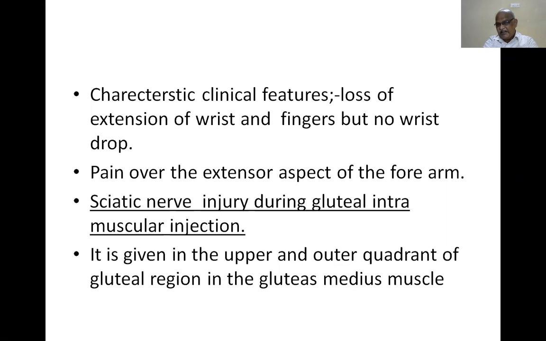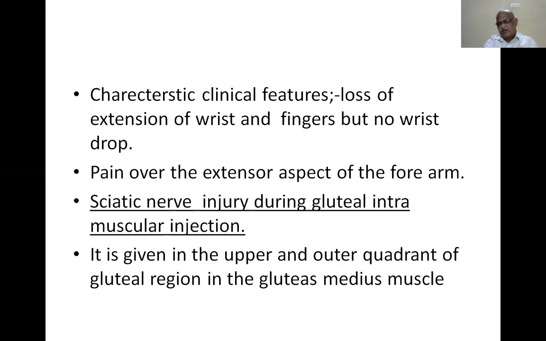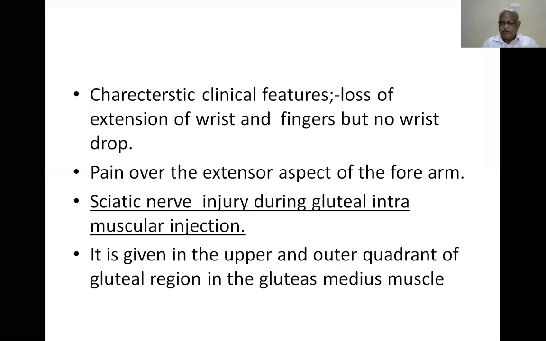Because it is bulky. We will give the injection into the gluteus medius, but not into the gluteus maximus. So there are gluteus maximus, gluteus medius and gluteus minimus. Gluteus maximus is the outer muscle, gluteus medius is the middle muscle, and gluteus minimus is another deep muscle. So you will give the injection into the gluteus medius.